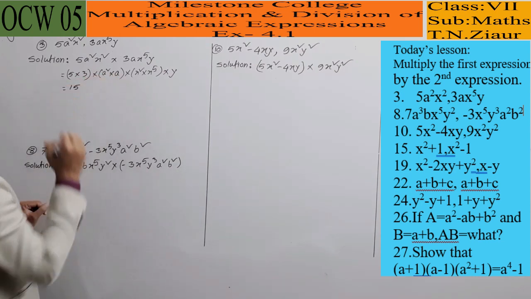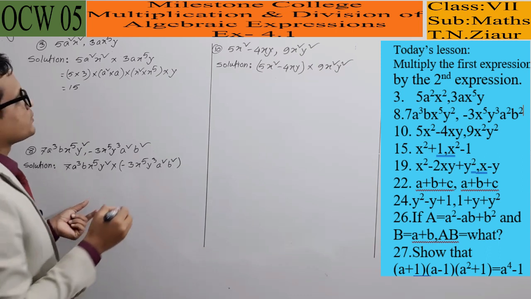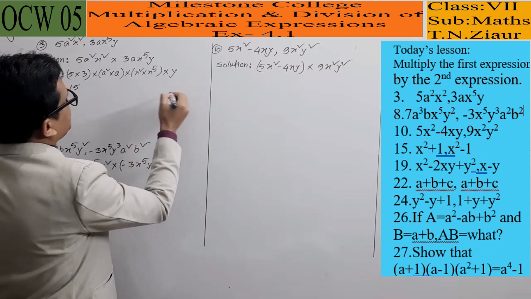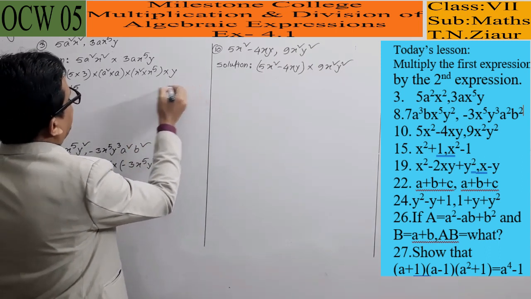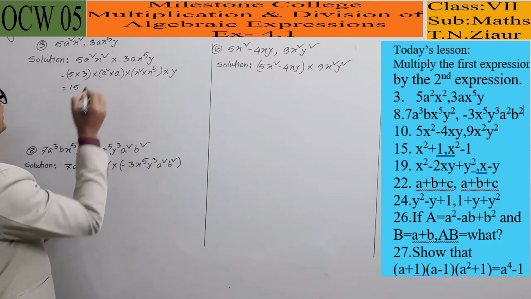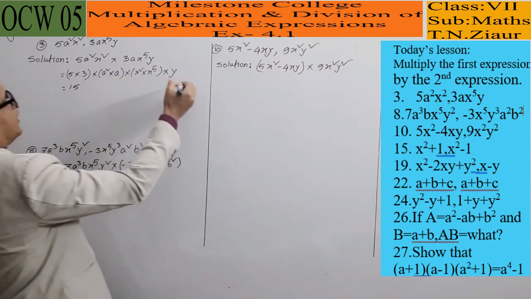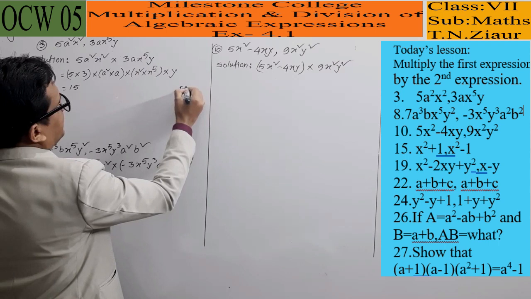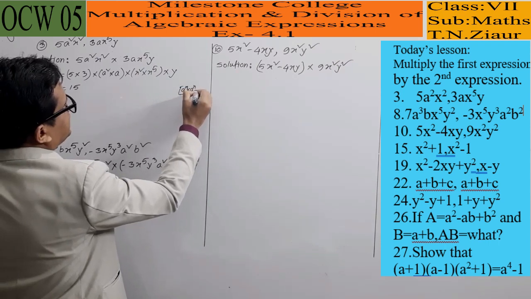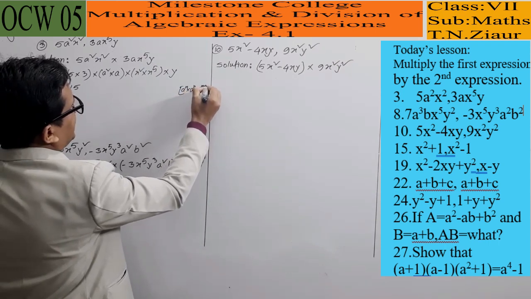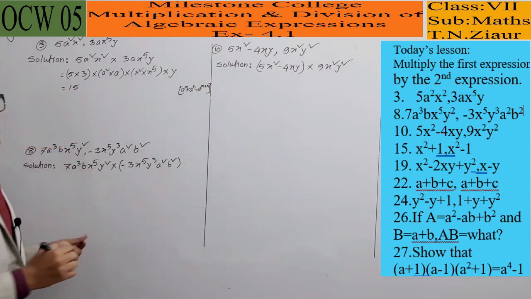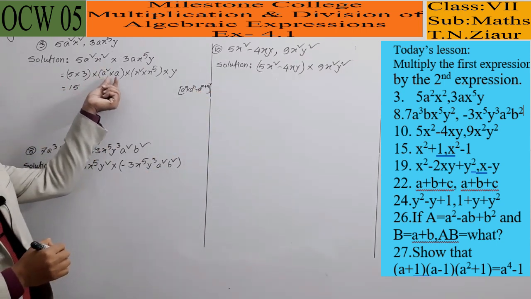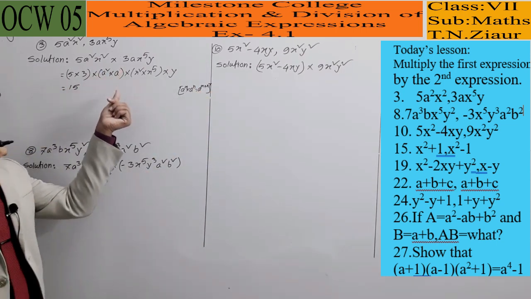So a square into a. This one is the formula, that means the exponential law of multiplication, you know. A to the power m into a to the power n is equal to a to the power m plus n. This is the formula. So a square, there is no exponent on the other a, just take 1 there.